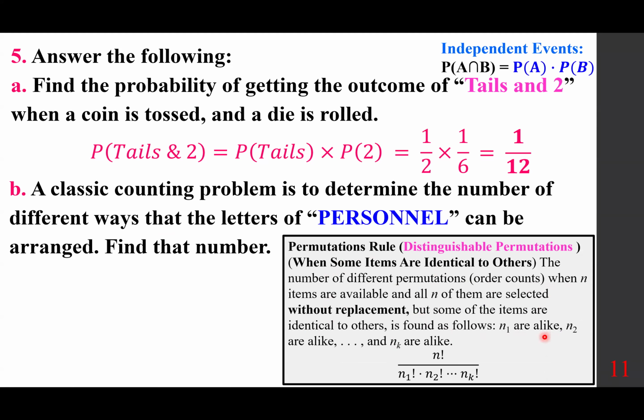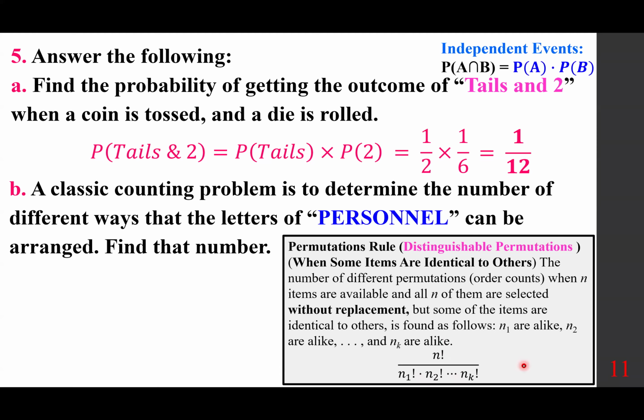N1 are alike, N2 are alike, and N sub k are alike. The formula is n factorial over n1 factorial times n2 factorial times n sub k factorial.